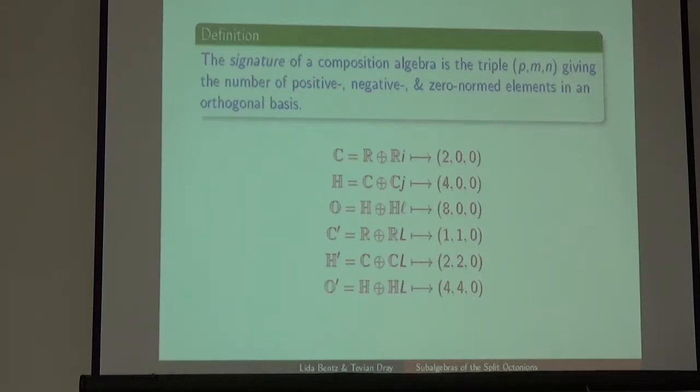Quaternions 4, 0, 0, octonions 8, 0, 0, and then we get into the weird stuff. The split complexes have signature 1, 1, 0. Split quaternions have signature 2, 2, 0, and split octonions have signature 4, 4, 0. We also note that if we add up each number in our triple, we get the dimension of our space.